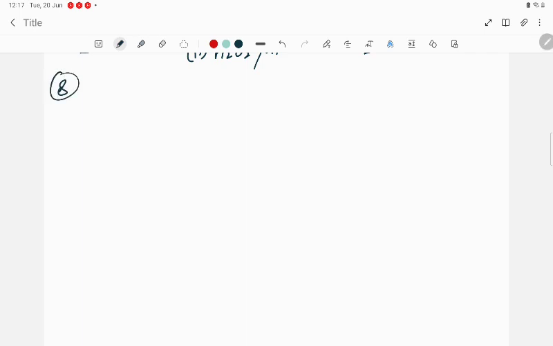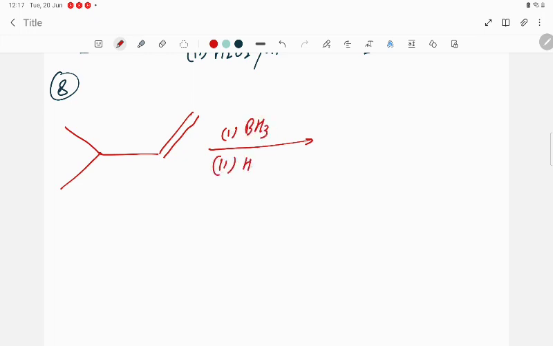Now let us move on to problem number 8, student. This is the reactant we are taking, and the first condition is BH3 and the second condition is H2O2 in basic medium.